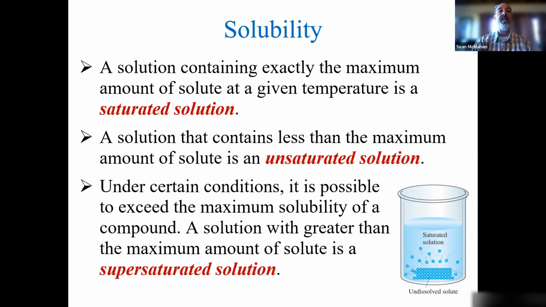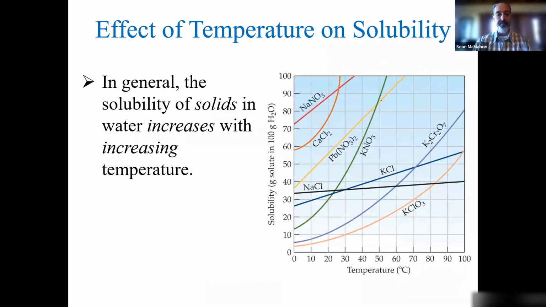But we can exceed maximum solubility limits by heating solutions up and slowly cooling them down, so you have more solute dissolved than you should for the cooler temperature. Those supersaturated solutions are very unstable and can be disturbed quite easily, and in the process you would see all the solute come out of solution quite rapidly.